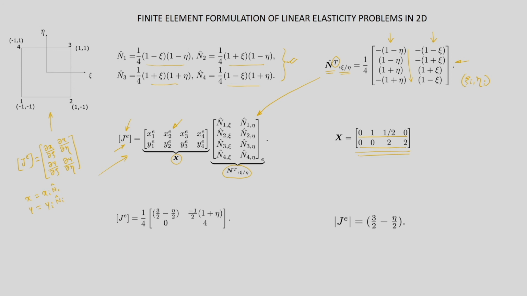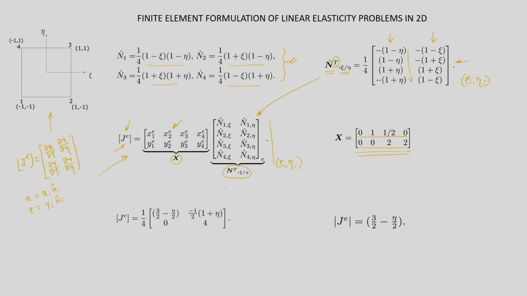Now once we know the Jacobian at a given point, this gives us the Jacobian at a given point in the master element, xi I, eta I. Once we calculate the Jacobian at a given point in the master element, the next task is to calculate the determinant.